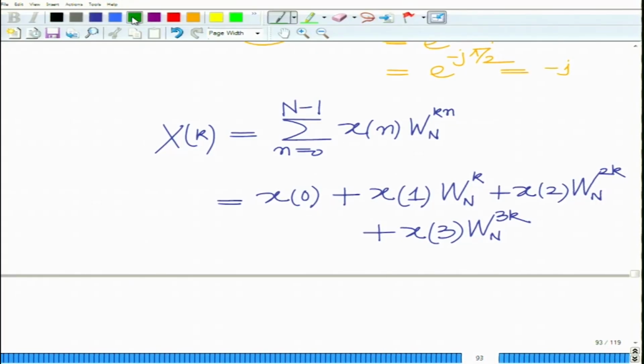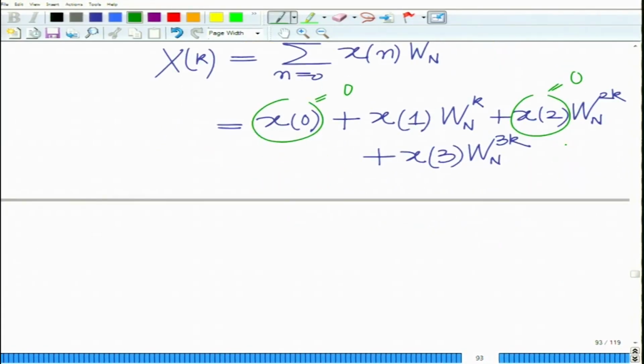Now, out of this, observe that x[0] is 0, x[2] is also equal to 0. So, these two terms are 0, and what remains therefore is the term corresponding to x[1], which is basically 1 into W_N raised to the power k, plus x[3], that is minus 1 into W_N raised to 3k.